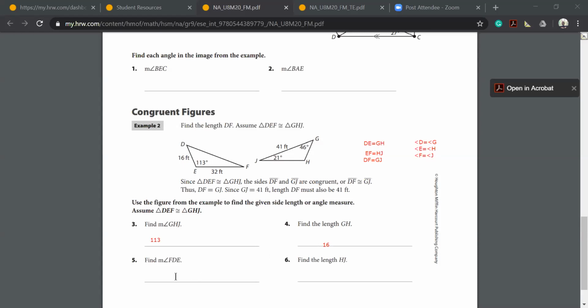What about here? Measure angle FDE: FDE means angle D, and angle D is equal to angle G, which is 46 degrees. So here it's 46. And for the last thing, find the length of HJ. This is a side, so I'm looking here. HJ is equal to EF, and EF is 32.